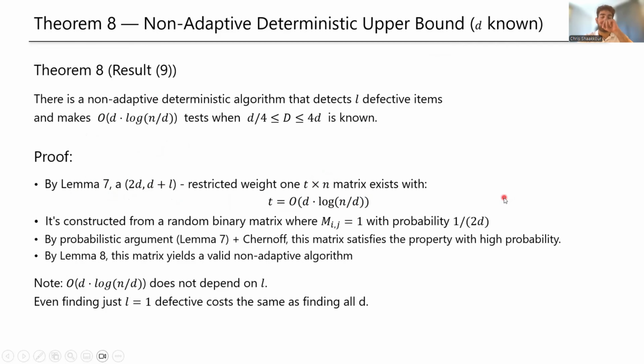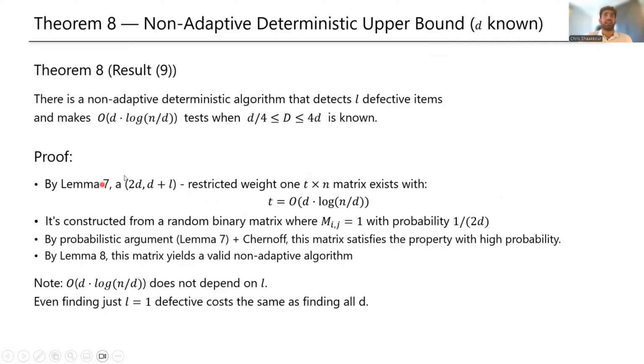So as we saw before with lemma 7, if we take a randomly constructed T by N matrix, each element is either 0 or 1, with probability 1 divided by 2D for 1, and 0 with the reverse probability, which is 1 minus this probability.